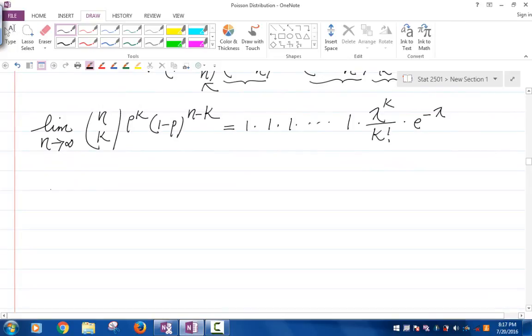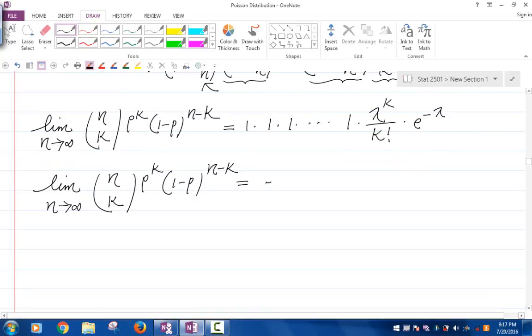So then finally what we have is that the limit as n goes to infinity of the PMF of the binomial distribution is equal to e to the negative lambda, lambda to the k over k factorial, which is the PMF of the Poisson distribution.